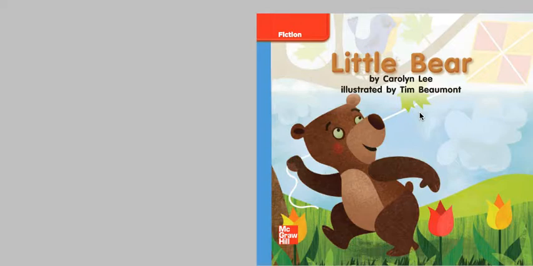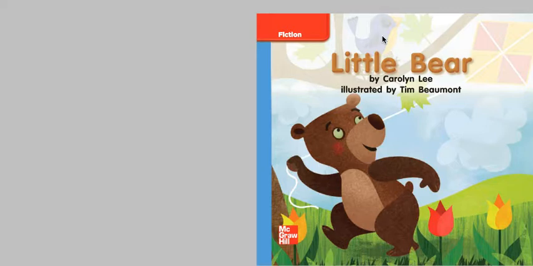What I mean by sequence of events is what happened first, maybe what happened second, what happened third, or perhaps what comes after something else. So we'll look at a sequence of things, looking at the key details in the story. Keep in mind, when we look for key details, we find out more about the story.